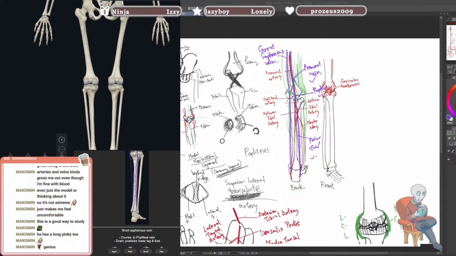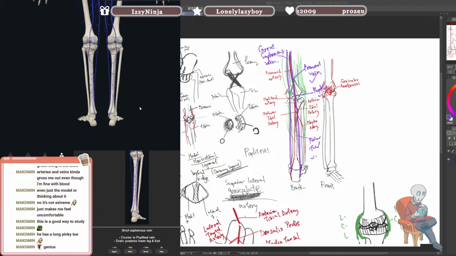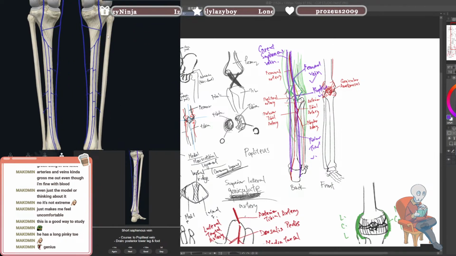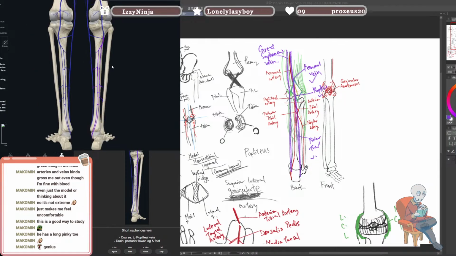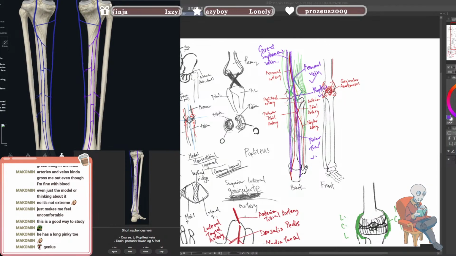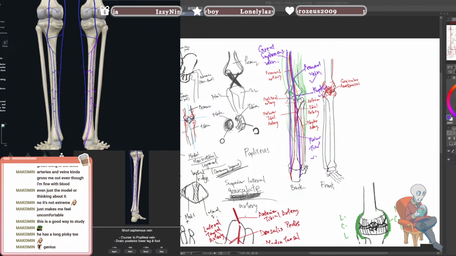No, no. What? How come? What do you mean? Yeah, this entire stuff is called posterior tibial veins. What are you talking about? There's another one?